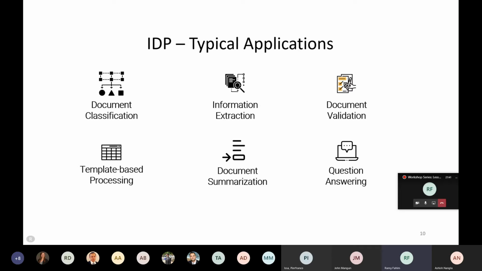All right, so getting into document processing and the typical applications. There are actually a lot of different things that fall into what you would think of as document processing, and we've already worked on several different applications. All over the place, we have different applications running. So we have document classification.